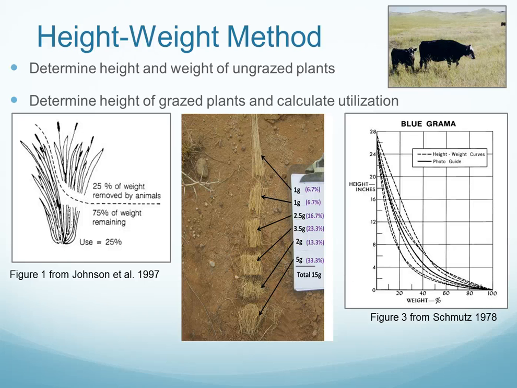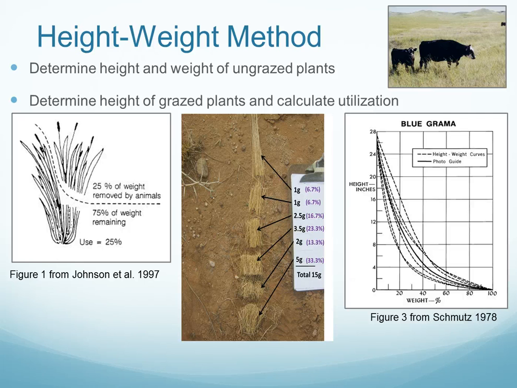So for example, you can see in this set of curves that was developed for blue grama, if we had a plant that was 28 inches tall and half of it is grazed, it is grazed down to 14 inches, we've only removed approximately 25% of its weight, so 25% utilization.